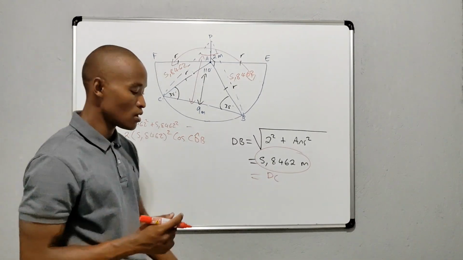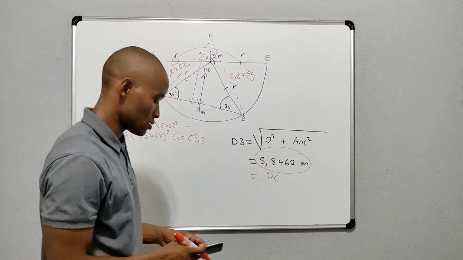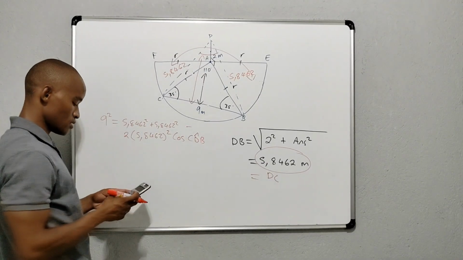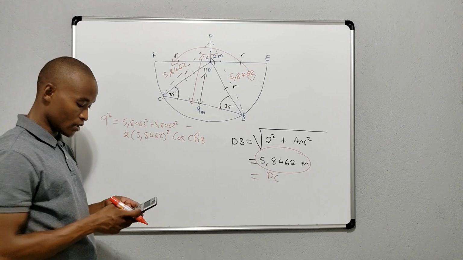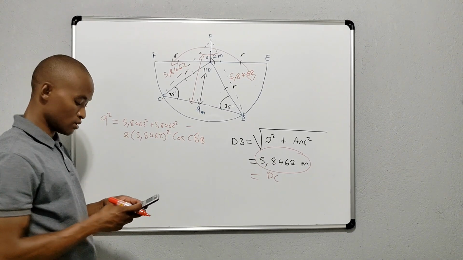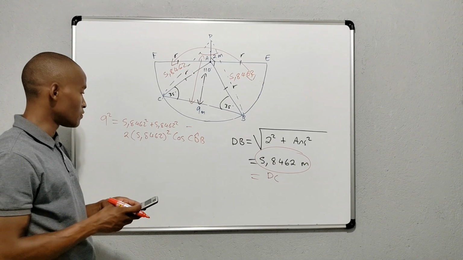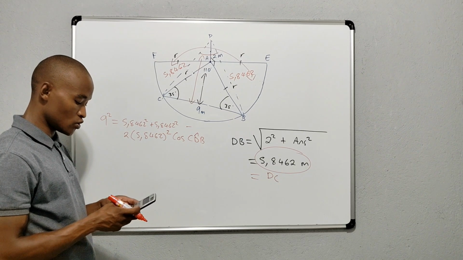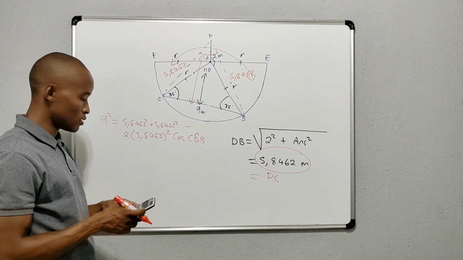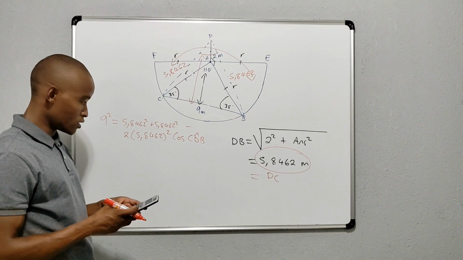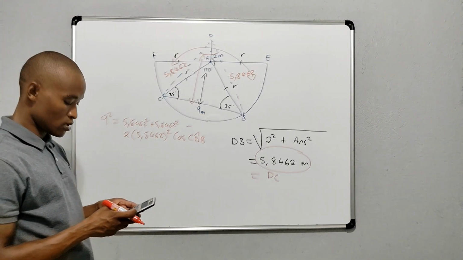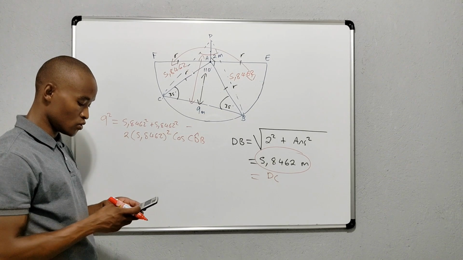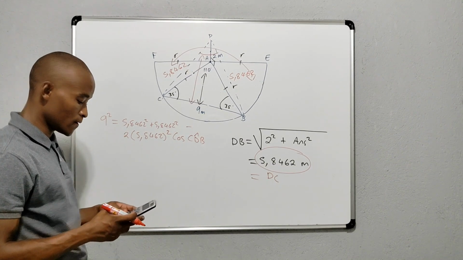What do we take? Our calculators and calculate 9 squared minus 2 times 5.8462 squared, divided by -2 times 5.8462 all squared.